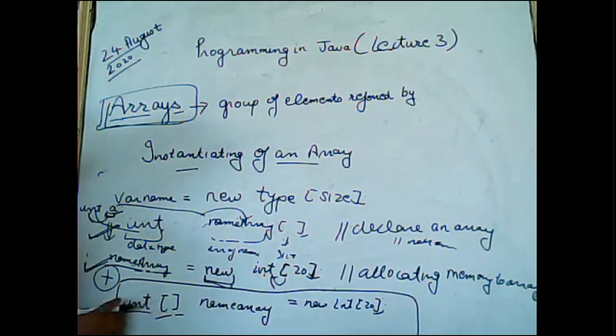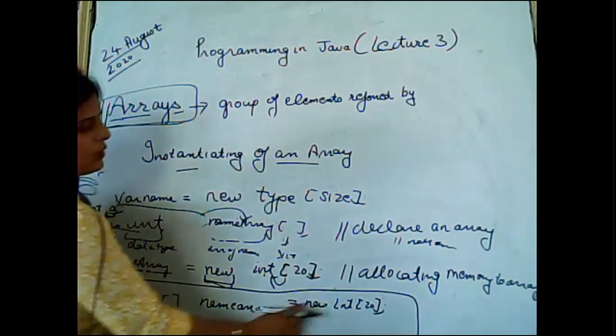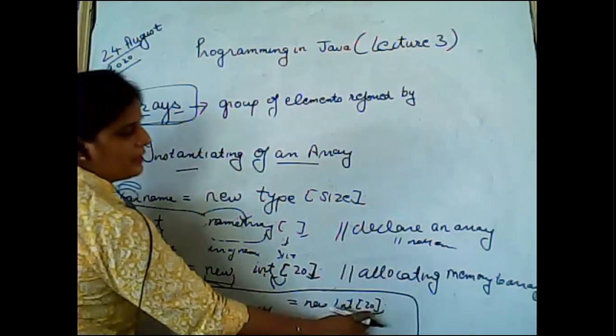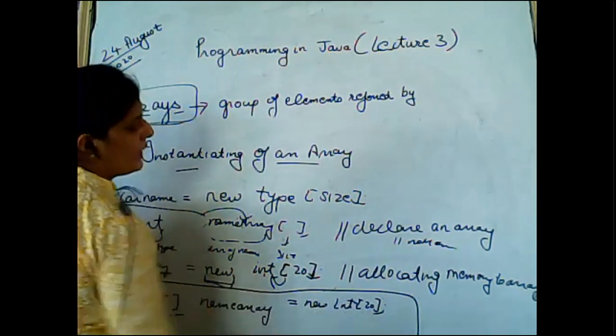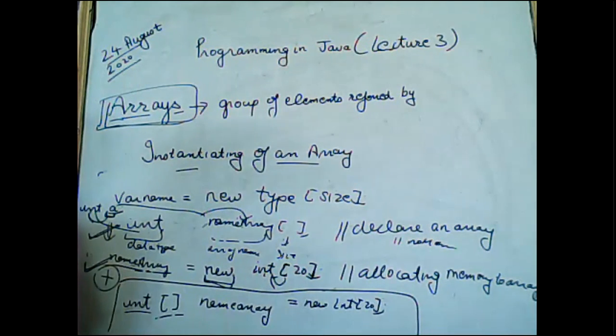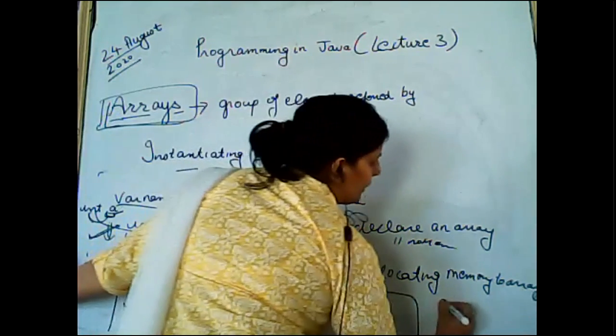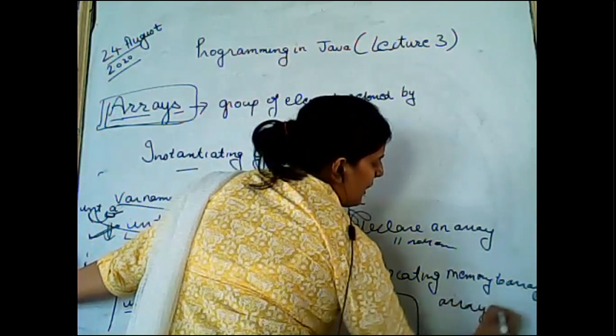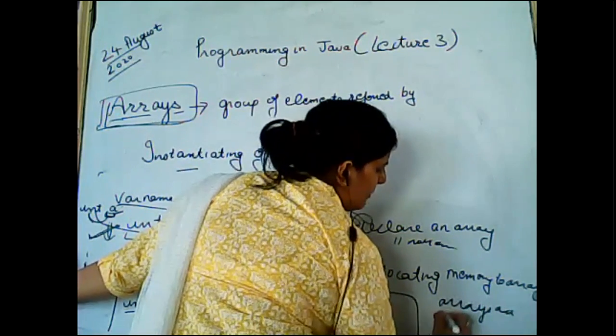Next, either you can use all those statements in a different way, or you can combine both statements. Like brackets, array name, equal to new int and the size. This is how you can instantiate an array. This is the way in which arrays are dynamically allocated.